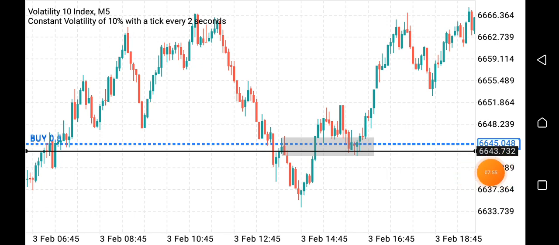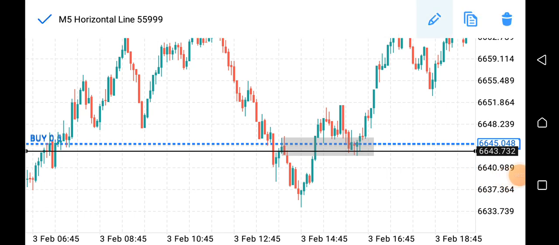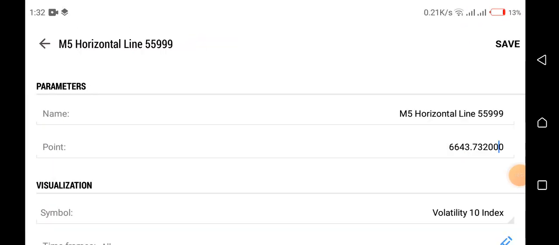So now, in order to place this horizontal line at the exact psychology level, it has to be 6, 6, 4, 5, and not 4, 3. I hope you understand what I mean. 6, 6, 4, 5. Then the numbers after the point have to be zeros. So let me go ahead and do that. 6, 6, 4, 5.